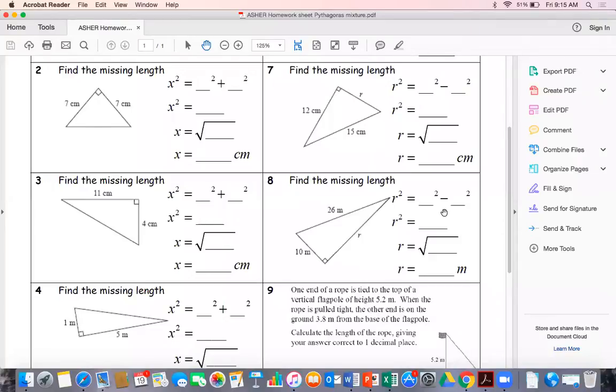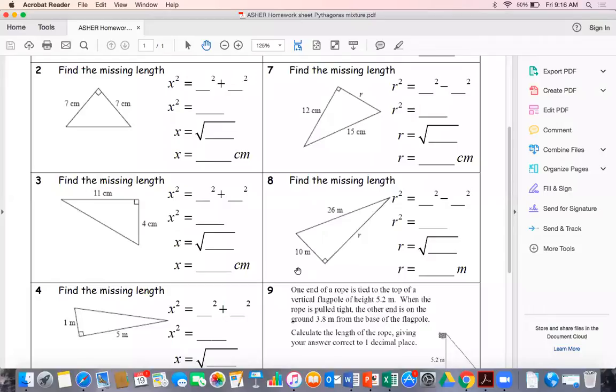I didn't do that question, sir. I was a bit confused on most of them. Okay, look at this question. Which side is the hypotenuse? Which side is the longest? Number 8. 26 meters. So 26 square minus 10 square.